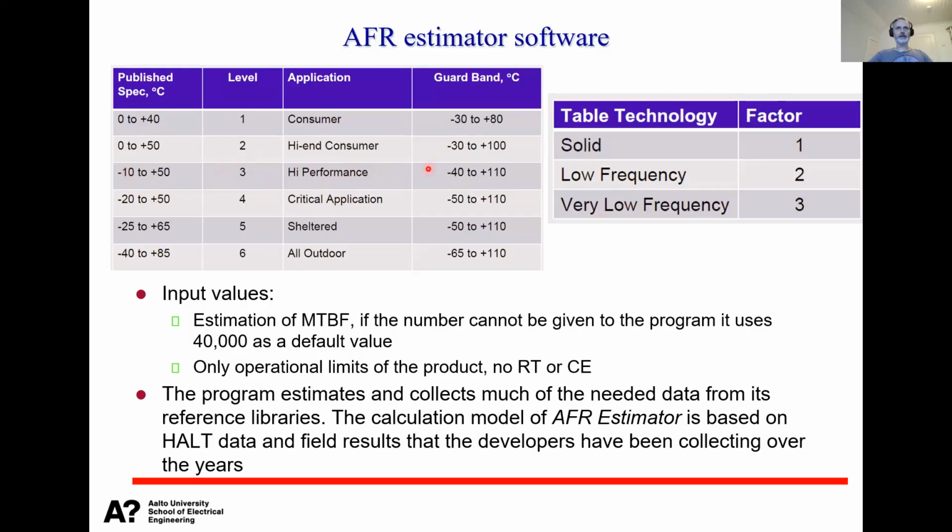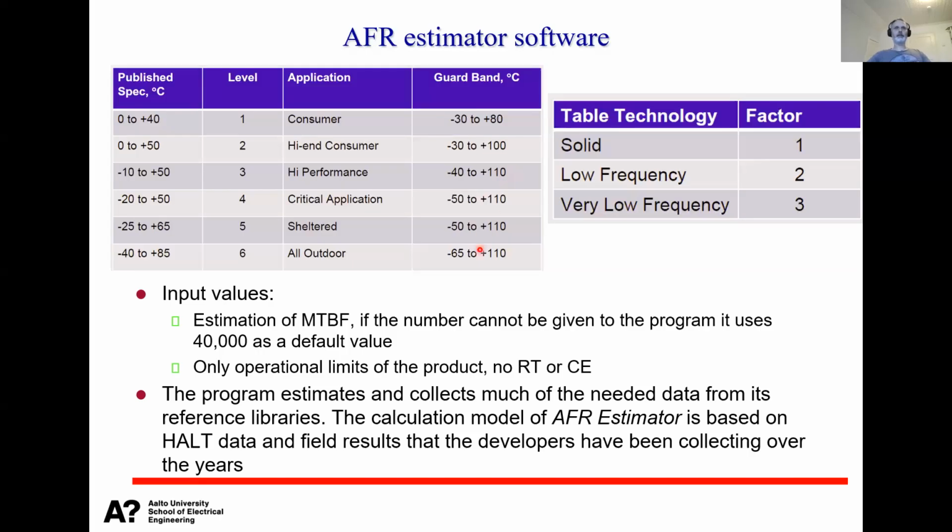And then here are the guard band limits. So if these are the customer specifications, then the operational specification should be something like this. So these are the operational limits which you define.